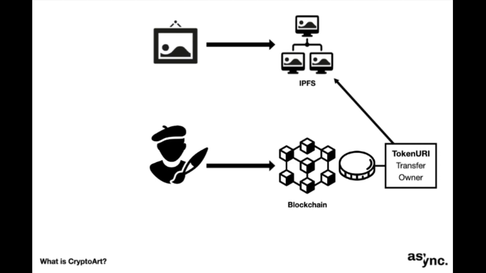Once you do this, the artist now has a self-contained digital token that has an owner, it can transfer itself between owners, and it has a link to the image that was uploaded to IPFS. And this is all minted from the artist's address, so it's verifiable that it came from the artists themselves.